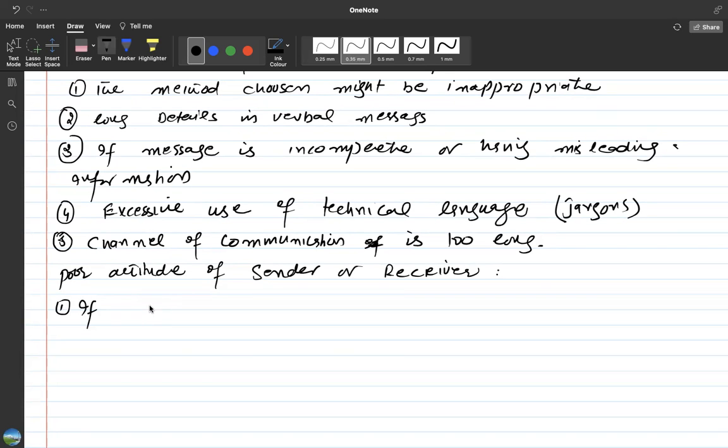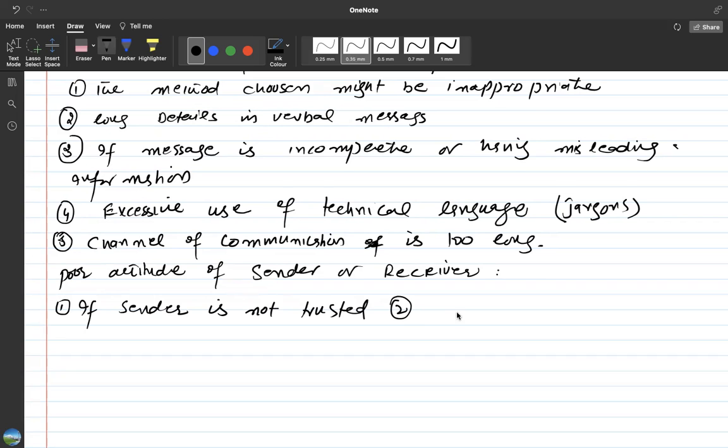If the sender is not trusted because he has delivered a wrong message or miscommunicated something before, your level of trust will be low. You won't be able to listen to that person and understand him properly. If the sender is not trusted, communication will fail.